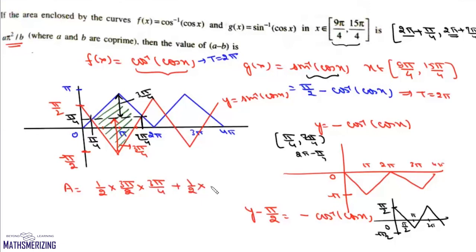Again the length is 3 pi by 2 and the height again is 3 pi by 4. So this area will be 9 pi square by 8. Comparing with the given form, the value of a is 9 and the value of b is 8, so the value of a minus b is simply 1, and that is the answer to this question.